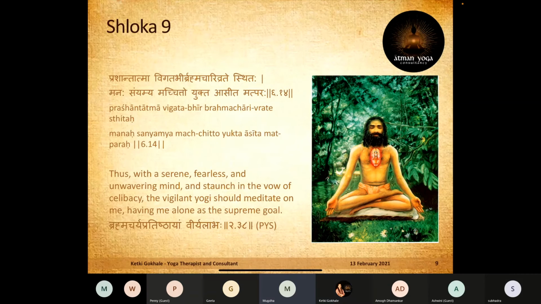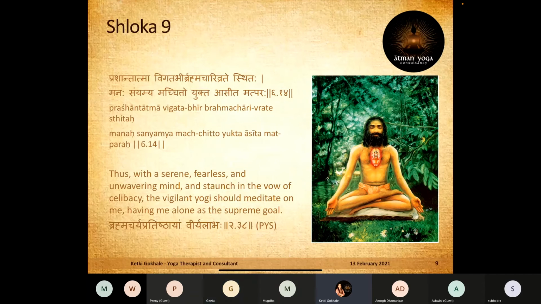Prashantatma vigatabhihi, brahmachari vrate sthitah, manah sanyamya machittah, yukta asita matparah. So machittah: that cha you have to give a little more emphasis on.